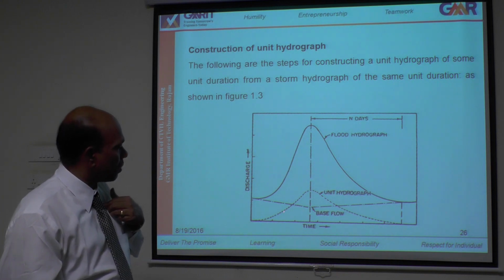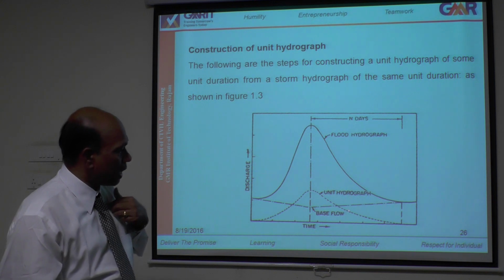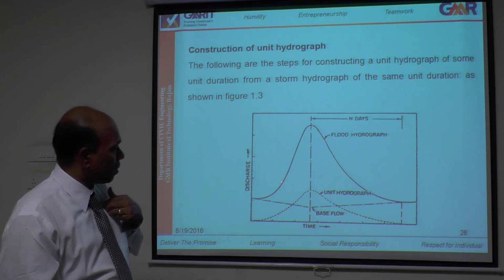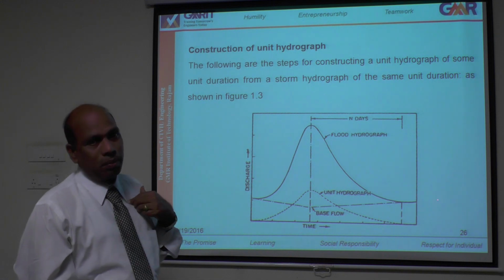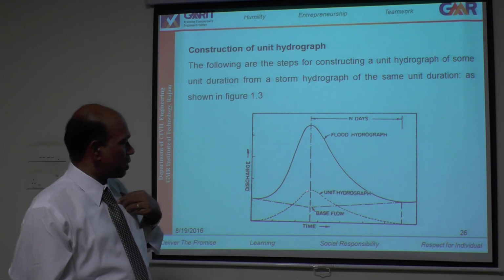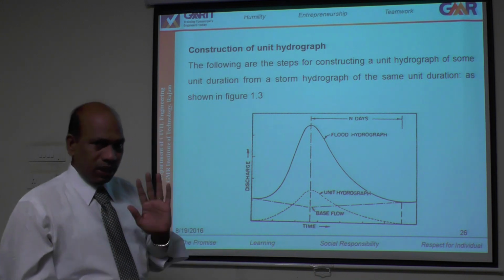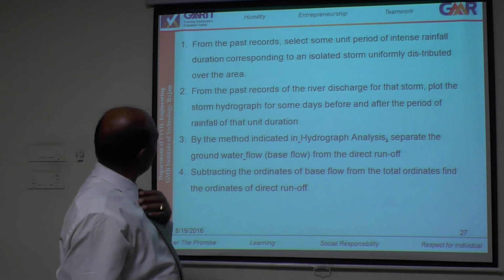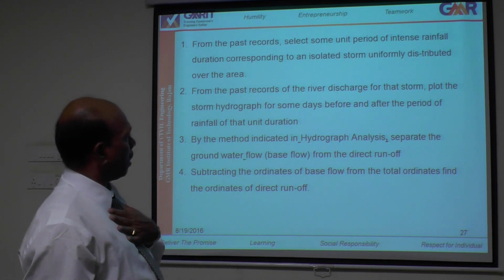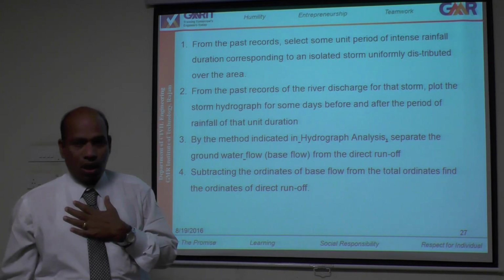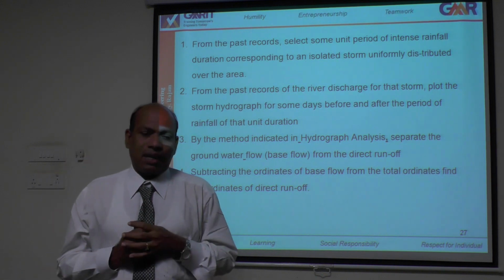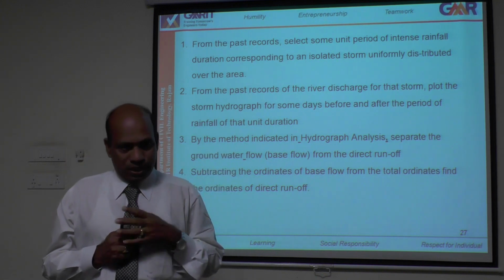This is nothing but unit hydrograph because this represents only 1 centimeter rainfall depth. This hydrograph represents 5.9 centimeter runoff depth. This is 1 centimeter runoff depth or direct runoff depth. Is it clear?